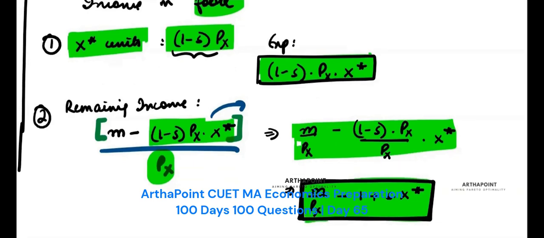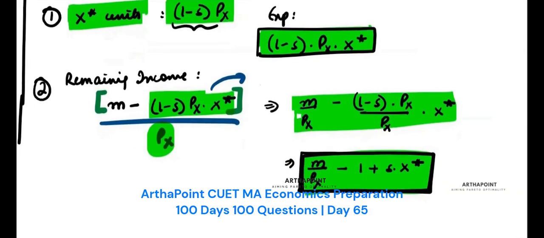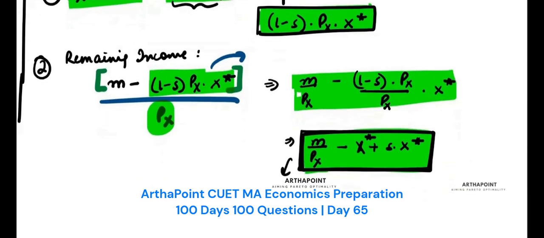Now, if you go ahead and you think about this, sorry, this will be plus X star here. This will be minus X star plus S X star. So you can actually interpret this also.